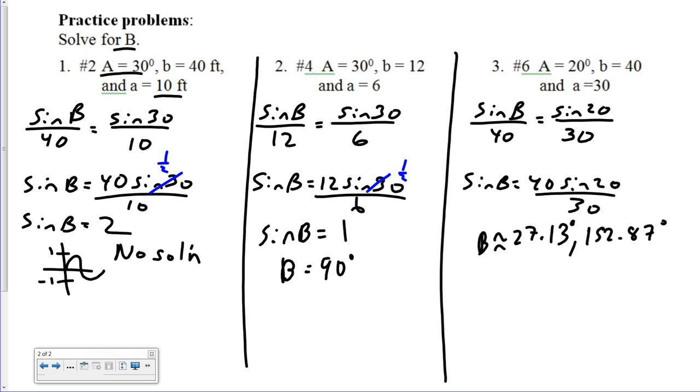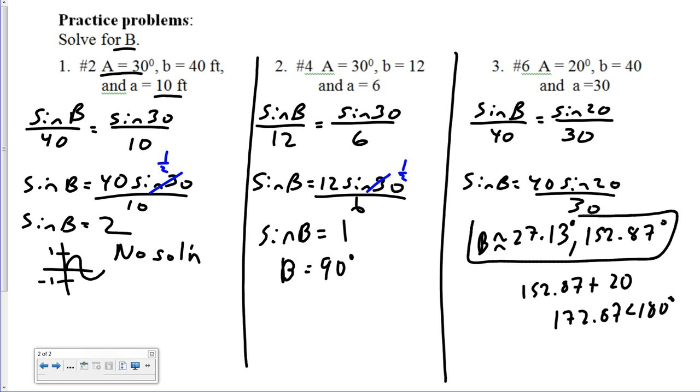And again, what I'm going to do is take that 152.87 and add it to the original A, which is 20. You're going to see that that's 172.87, which is less than 180 degrees. So there is space left for that third angle. I take this, add it to the original, always the original, and see if you have space left for the third. I do have space, so therefore both of these would be considered answers.